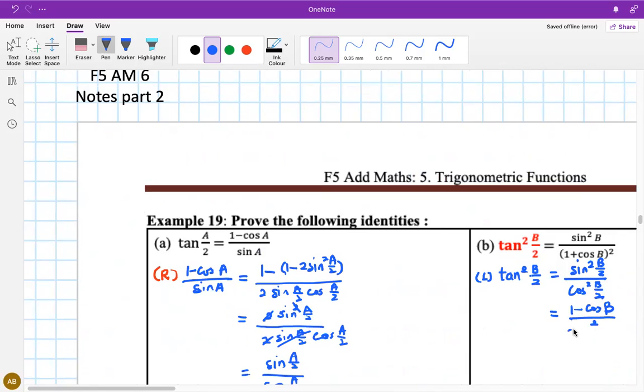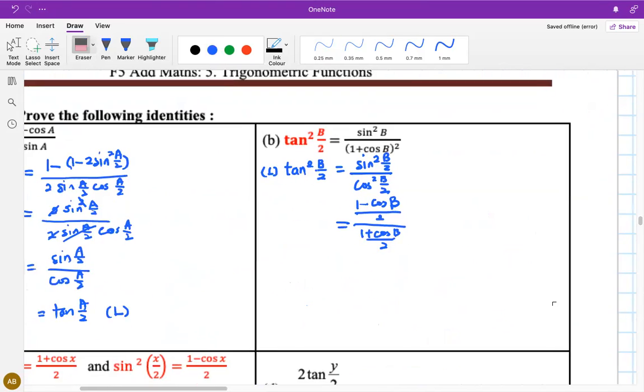And then over cos square B over 2, which is 1 plus cos B over 2. Okay, so what is next? So you will get back this: (1 minus cos B) over (1 plus cos B).